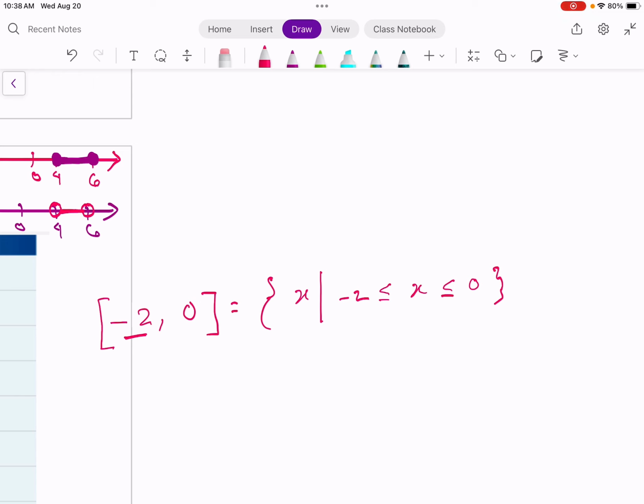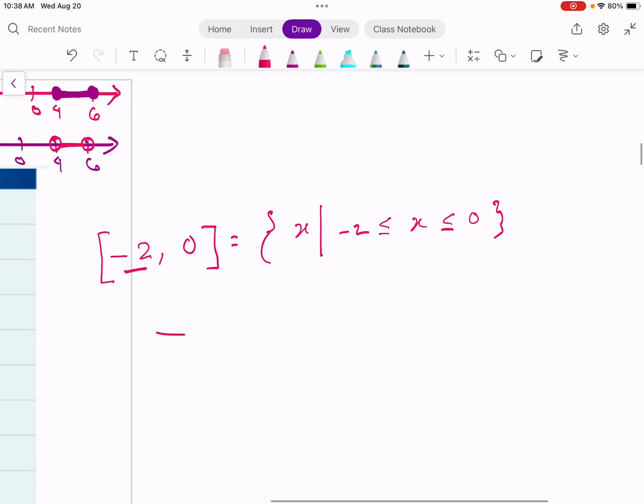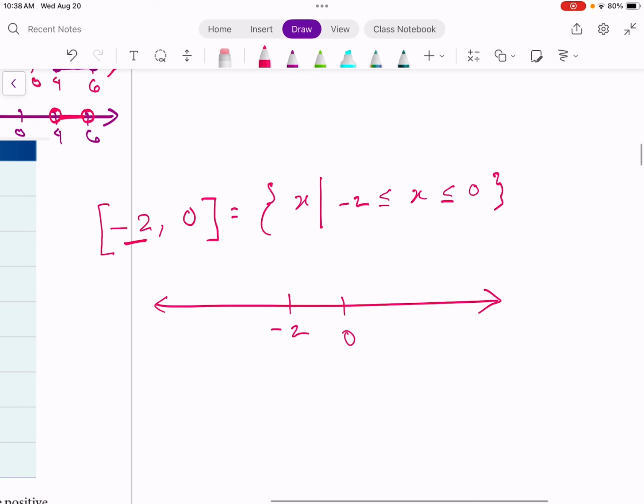Now how do we draw a graph for this one? You draw a number line. We have a 0. Now we need a -2, it's on the left. Now what circle do we use, closed or open? Closed, because we have a bracket here. So we have a bracket with -2, so closed at -2. We have a bracket with 0, so closed at 0.